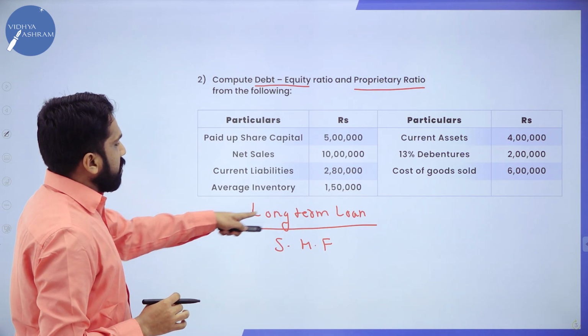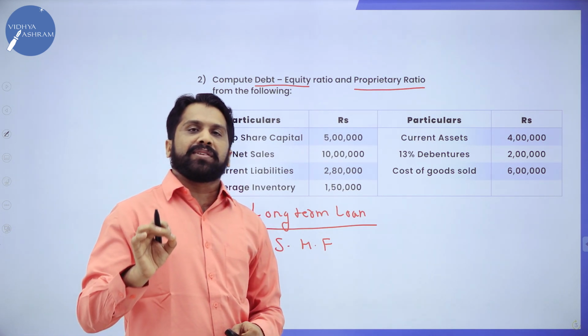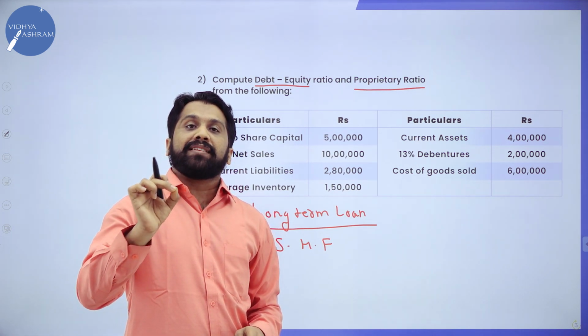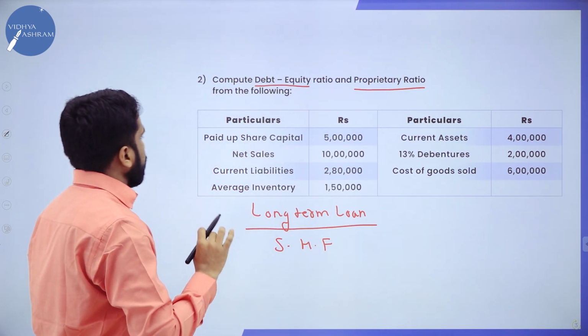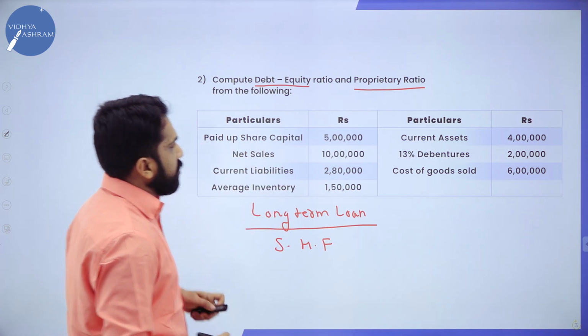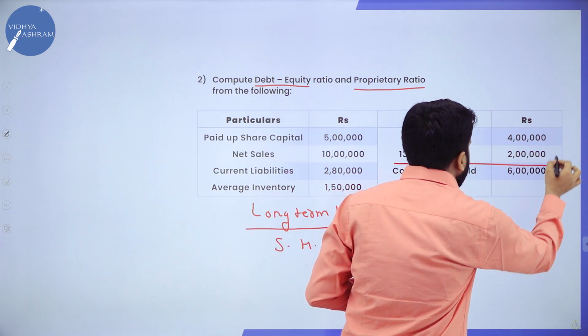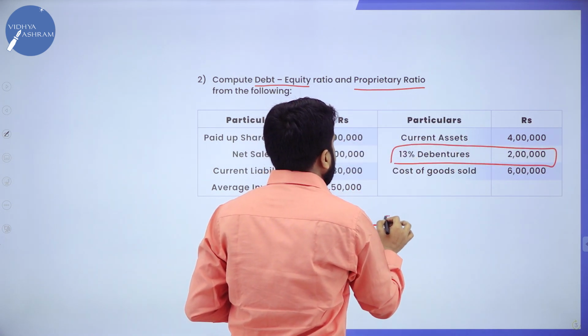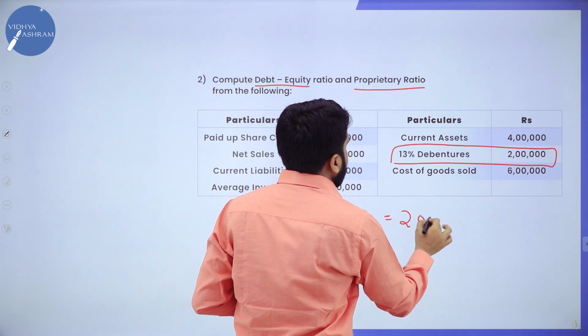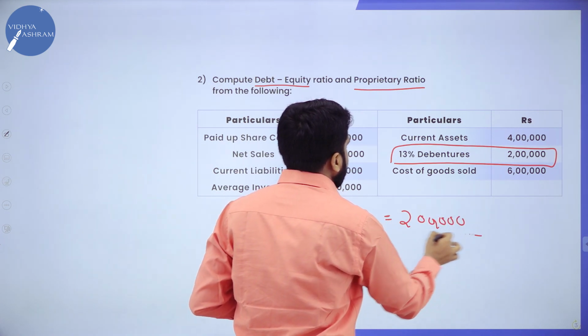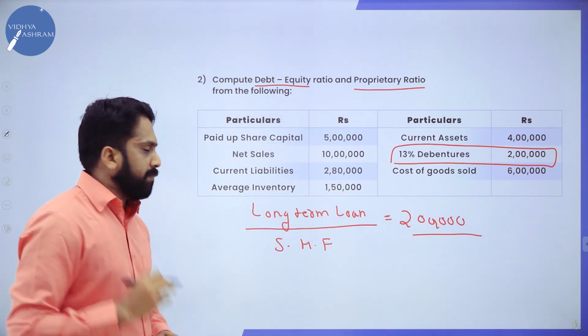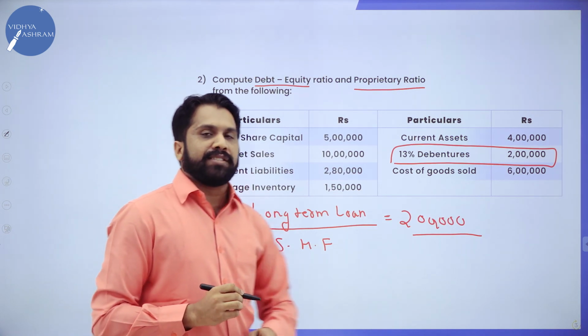Long-term loan divided by shareholders fund. How to calculate long-term loan? In this you have debenture. What is your long-term loan? You got the answer: your long-term loan is 2 lakh. Clear? Next, shareholders fund.